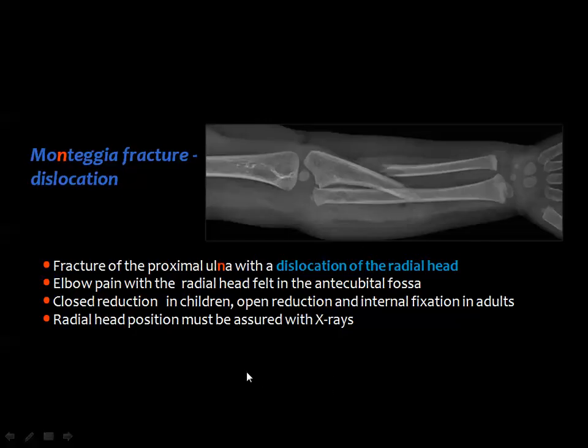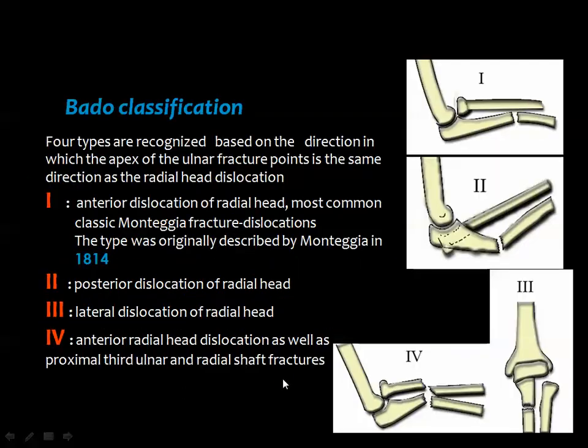And commonly, the radial head is displaced anteriorly, but there are many sub-classifications of this Monteggia fracture according to the direction of the radial head displacement.